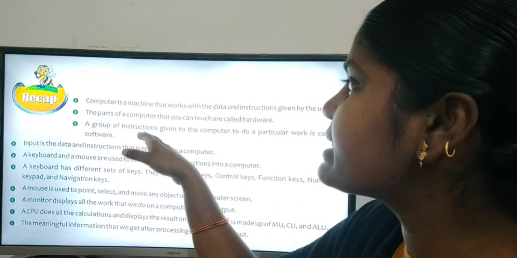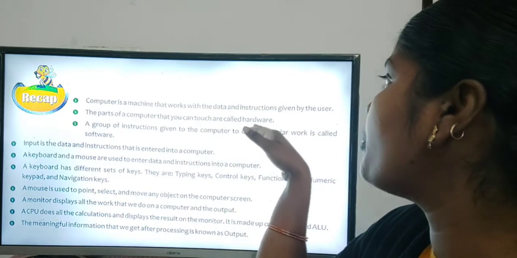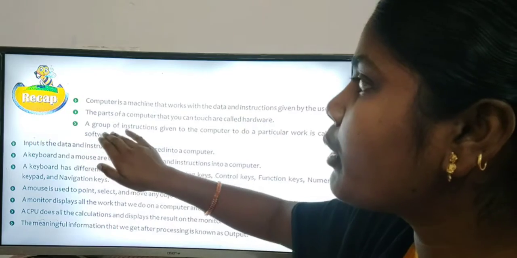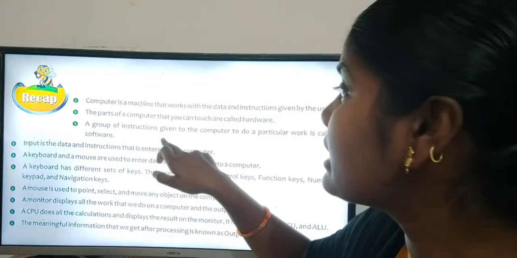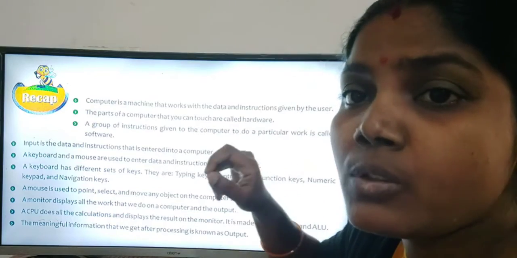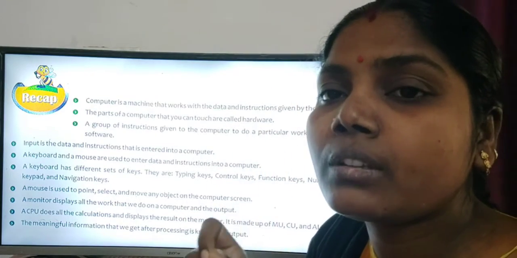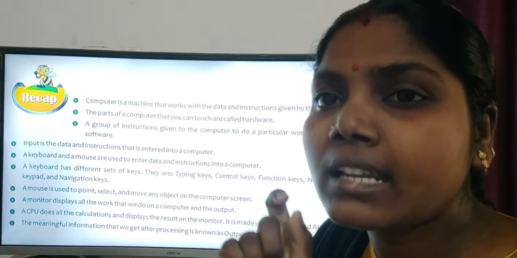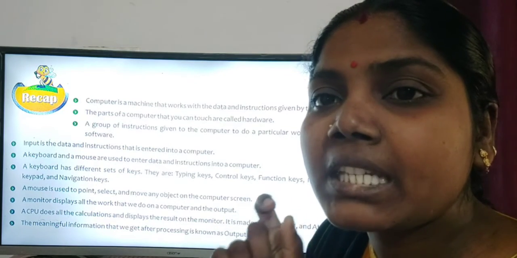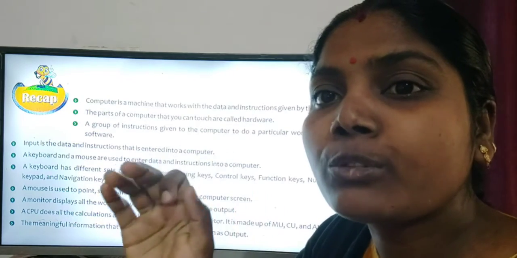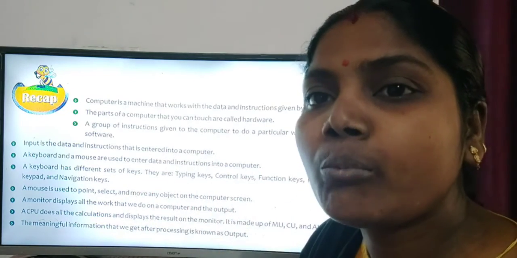A group of instructions given to the computer to do a particular work is called software. For each and every particular work, the computer has instructions. It has an application. According to that, step by step we have to work on a computer.